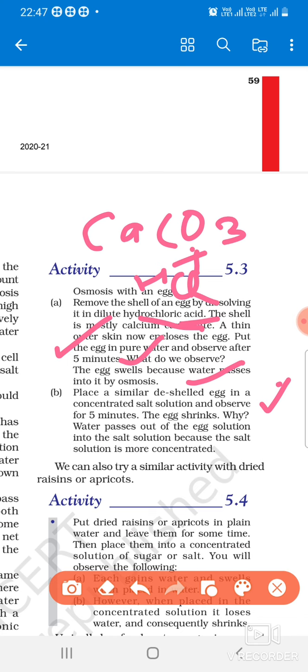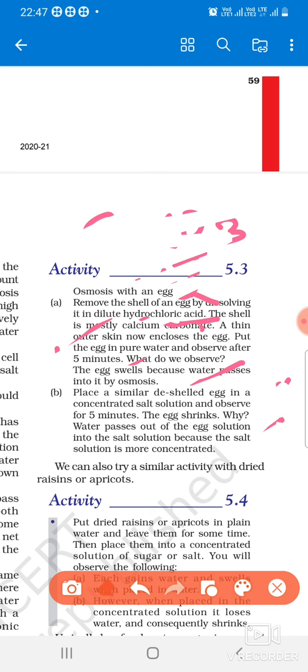What happens now? The movement has taken place from inside to outside. So we can say that osmosis takes place in two ways, that is exosmosis and endosmosis. Exosmosis is the movement of water from inside to outside. Ex means out, and endosmosis means inside, that is movement from outside to inside.